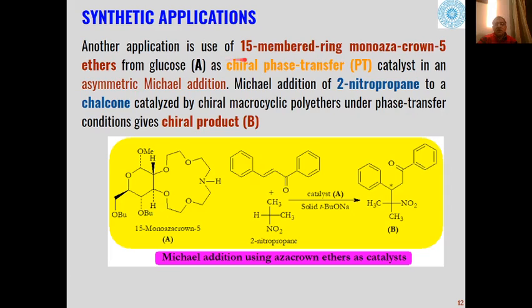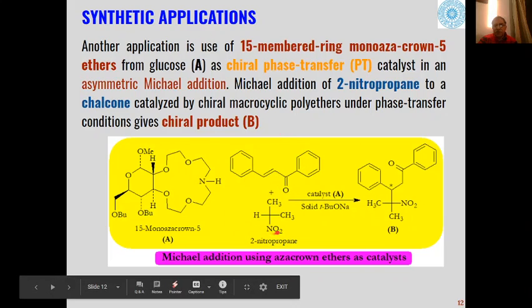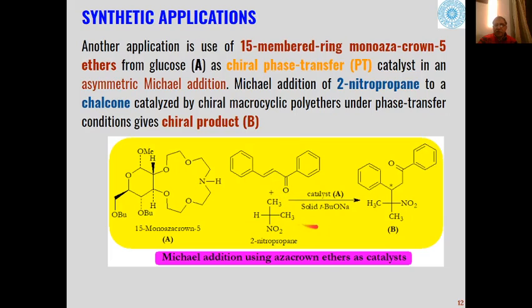Then next is the use of a 15-membered ring mono-tetrahydropyranyl derivative of glucose, which is used as a catalyst for Michael addition of nitropropane to chalcone in the presence of sodium tert-butoxide as a base.